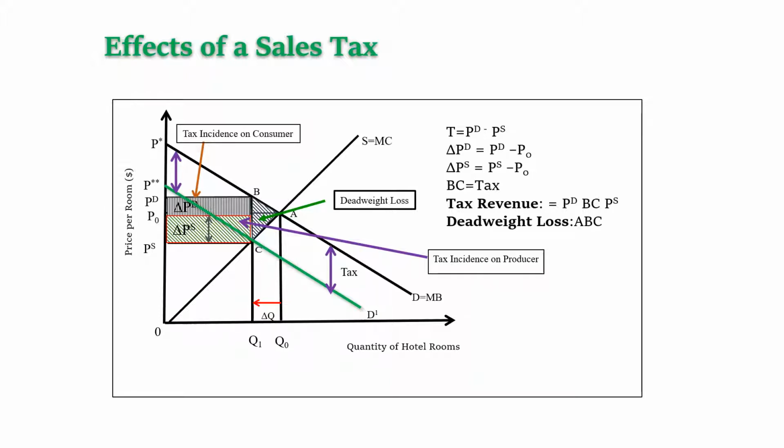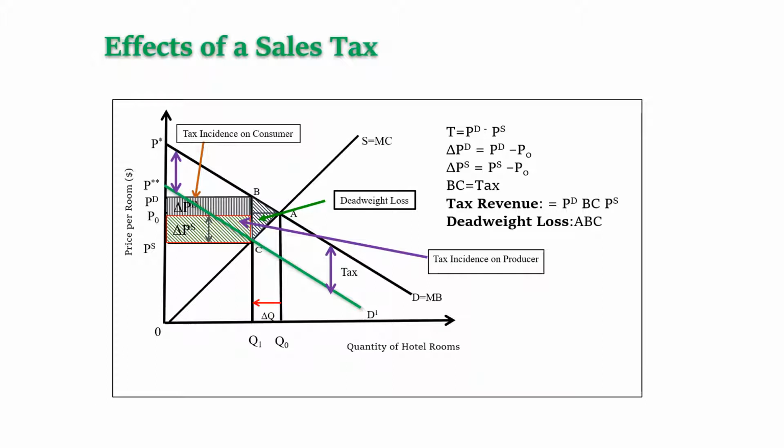So what happened here is, before the tax, the consumer experienced a consumer surplus of P star, P naught, A. After the tax, the price increases to PD, and so consumer surplus decreases to what?